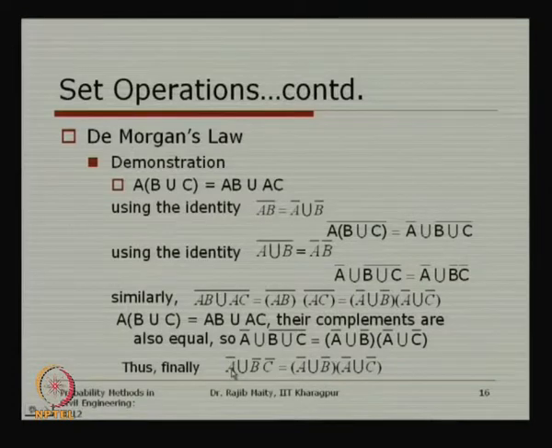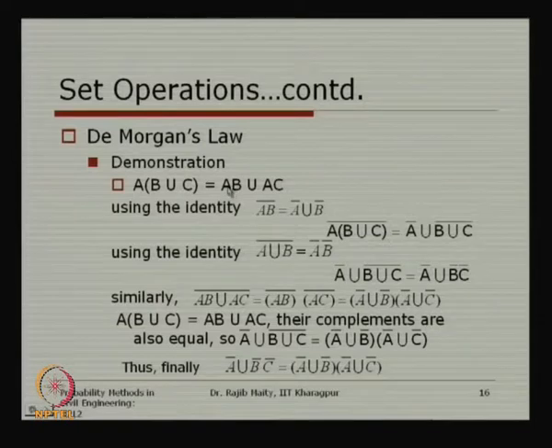Now this A is replaced by its complement, this intersection is replaced by the union, this B is replaced by its complement, this union is replaced by intersection, and this C is replaced by C complement.